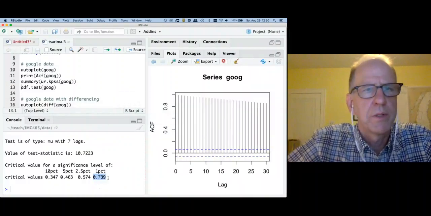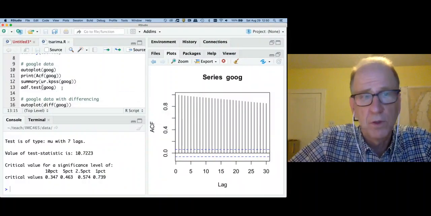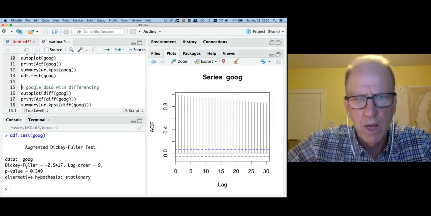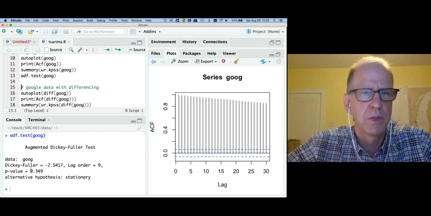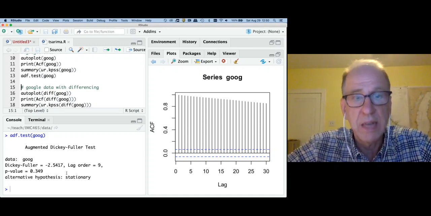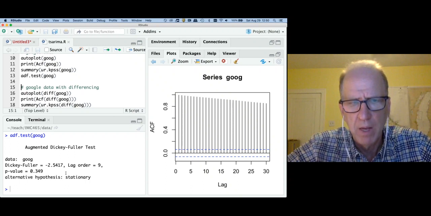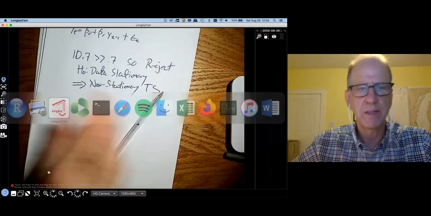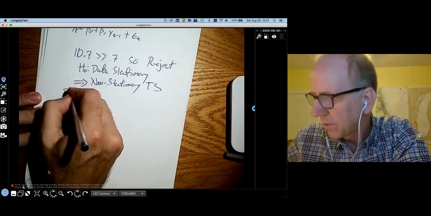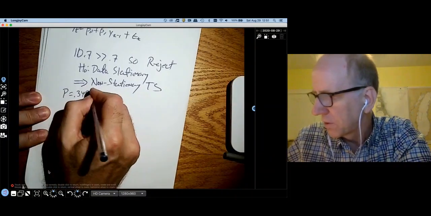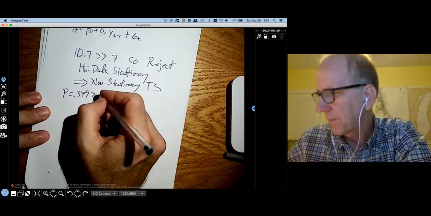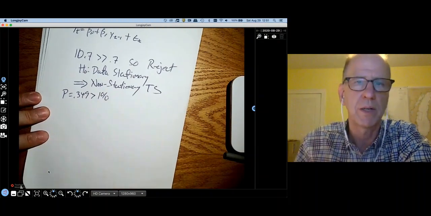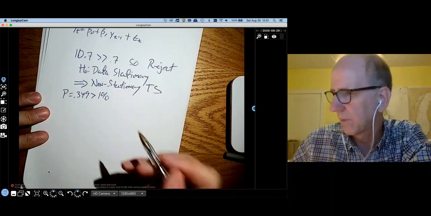Well, let's go run the augmented Dickey-Fuller test. The null hypothesis with this is non-stationary, and notice the p-value is large, so 0.349. So if we want to go write this out, p equal to 0.349 is greater than, say, 5% or 1%. We use the 1% cutoff since I used that up here.